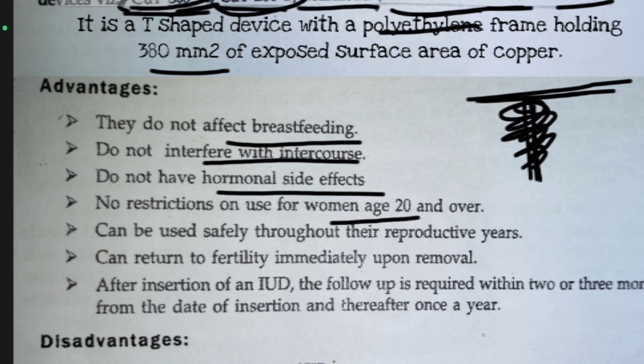There is no age restriction above that, and it is safe during the reproductive years. When a couple decides they want to have a baby, it can be removed. Since it is a temporary method, once removed, normal fertilization will occur.